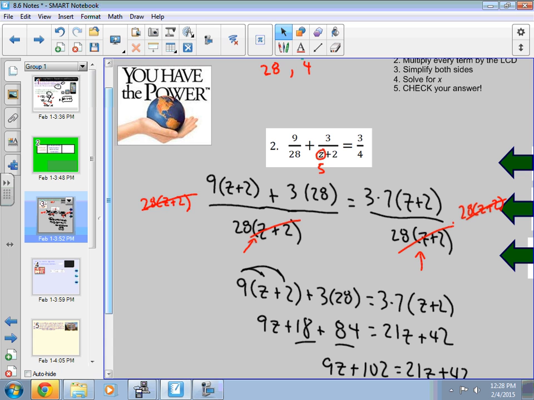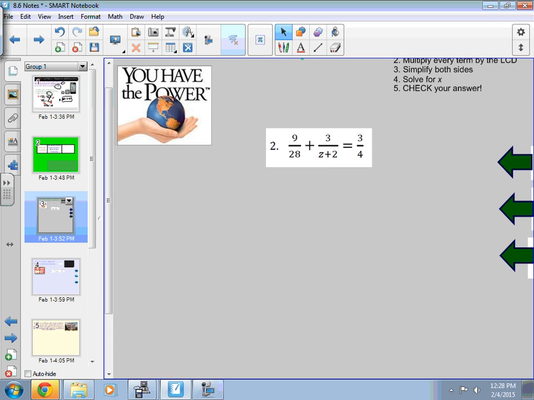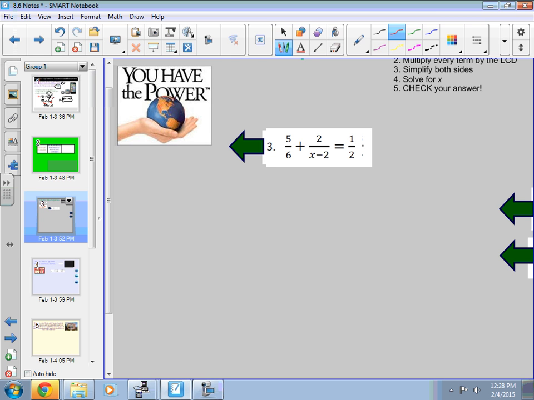All right, let's try another one of these. Number 3 wants us to do the same thing. So we want to get a common denominator. Looks like here, again, we need x minus 2 on all these. And then we want to figure out what's the least common multiple of 2 and 6. Well, 2 does go into 6, so it looks like 6 is.